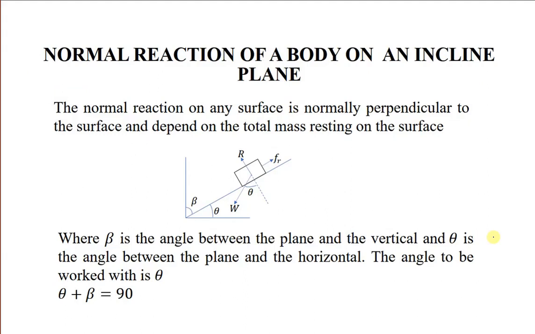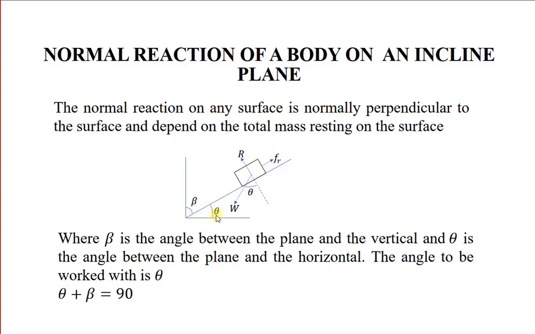Now let's look at normal reaction of a body on an inclined plane. When a body is placed on an inclined plane, we will be having the normal reaction perpendicular to the plane, but the weight of the object will be inclined at an angle that is equal to the angle of the plane.